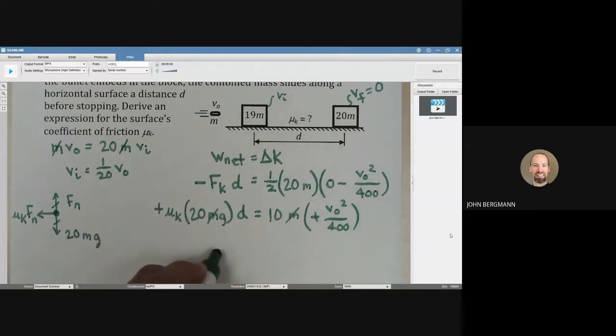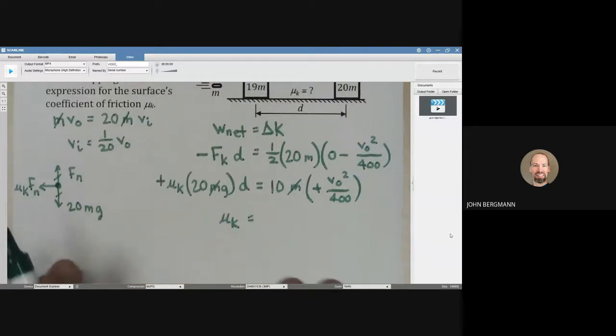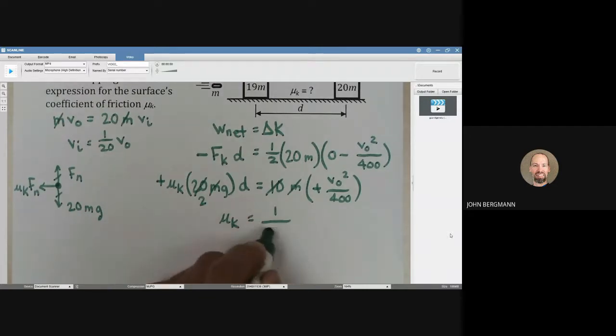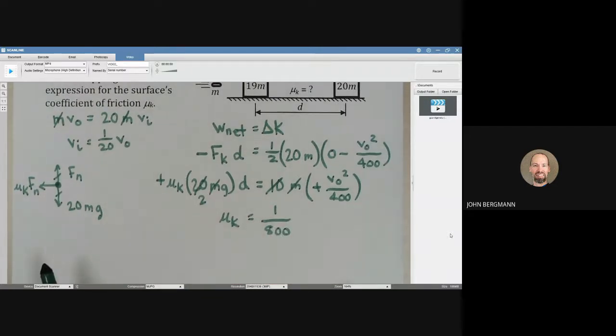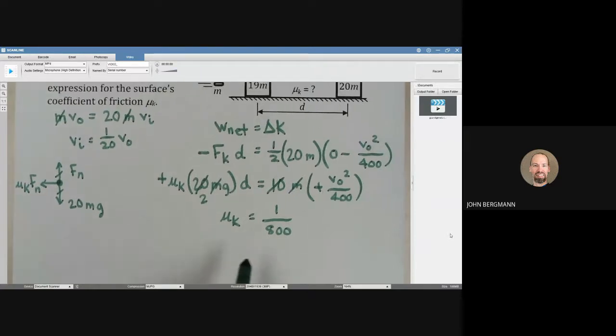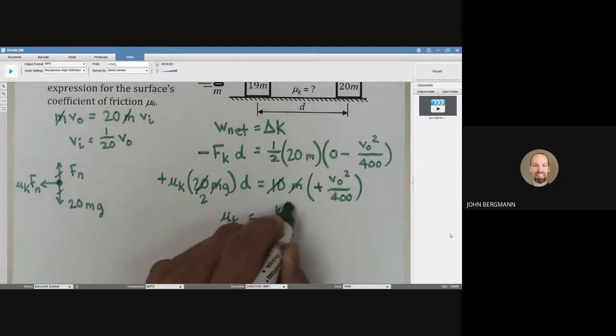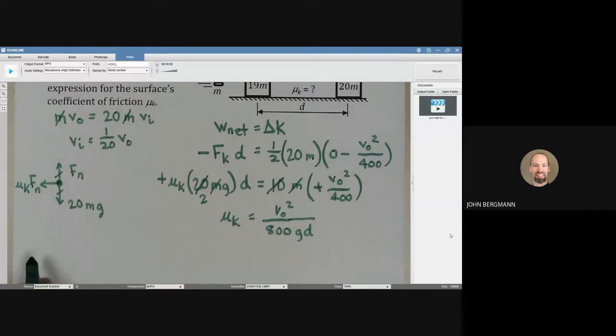And so what is mu sub k? Let's see. Put a 2 right there. We're going to put that in the denominator so that we're going to have 1 over 800 on that side. And then we've got d in the denominator, g in the denominator, and V naught squared in the numerator. That's what I'm getting for mu sub k.